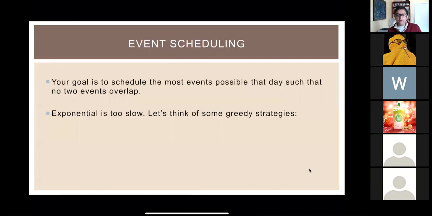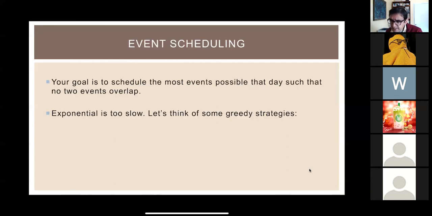Rather than constructing an entire subset in one go, we're going to do something greedy. We're going to pick one event that satisfies some greedy criterion, that seems good in some way, fix it, then pick the next event, and so on.